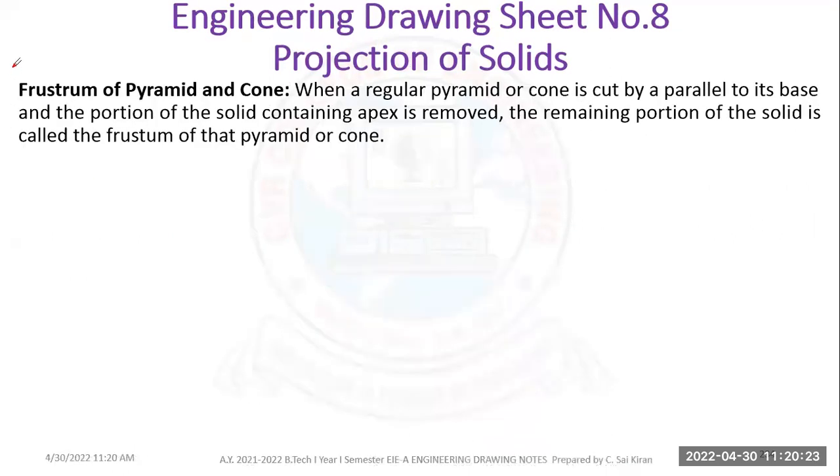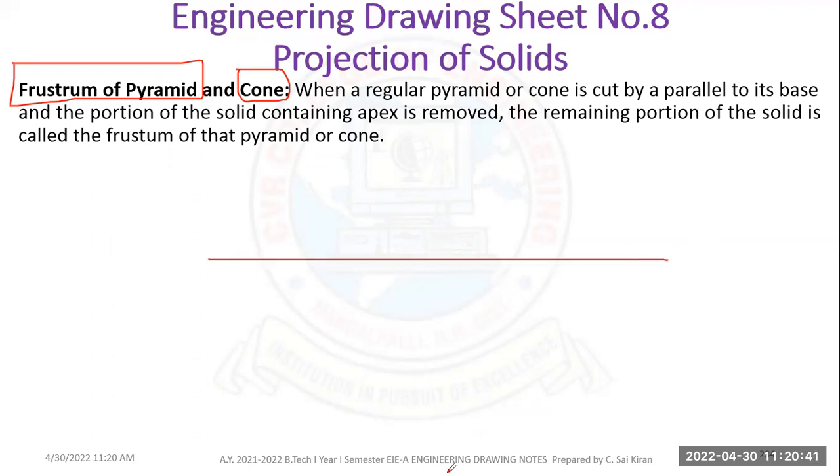Next, frustum. Generally the frustum is not asked, but it might be asked this time. So whenever I have any shape and I'm cutting it parallel to the base, suppose the base is on HP and I'm cutting parallel, then I can generate the frustum.